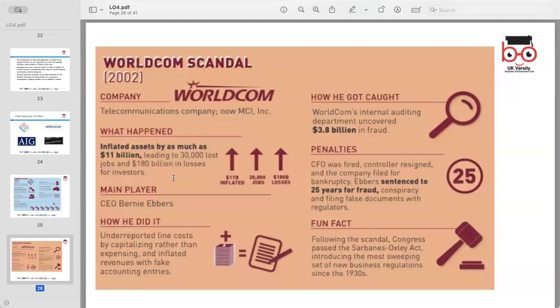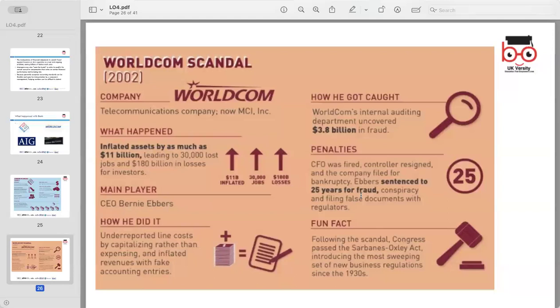So, guilty of fake accounting entries. WorldCom's internal auditing department uncovered 3.8 billion in fraud, leading to their CEO Bernie Ebbers's conviction and a 25-year prison sentence for fraud.